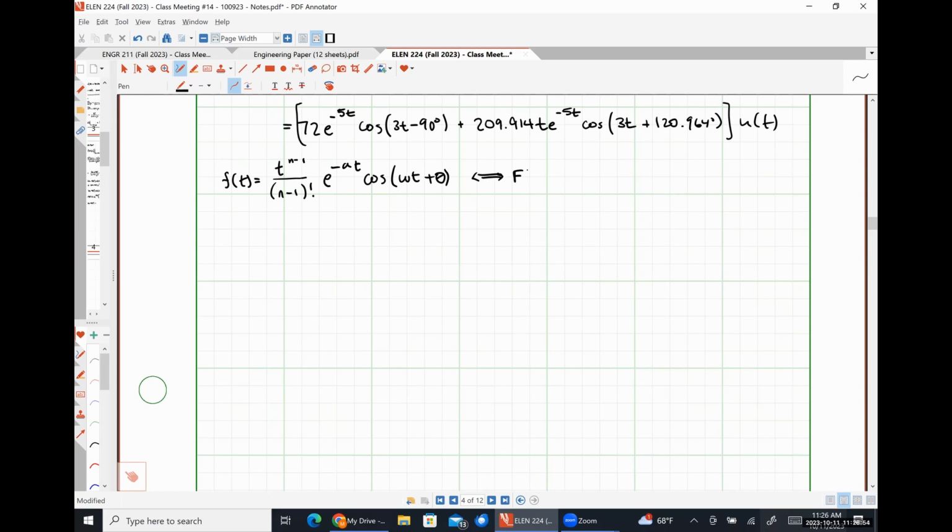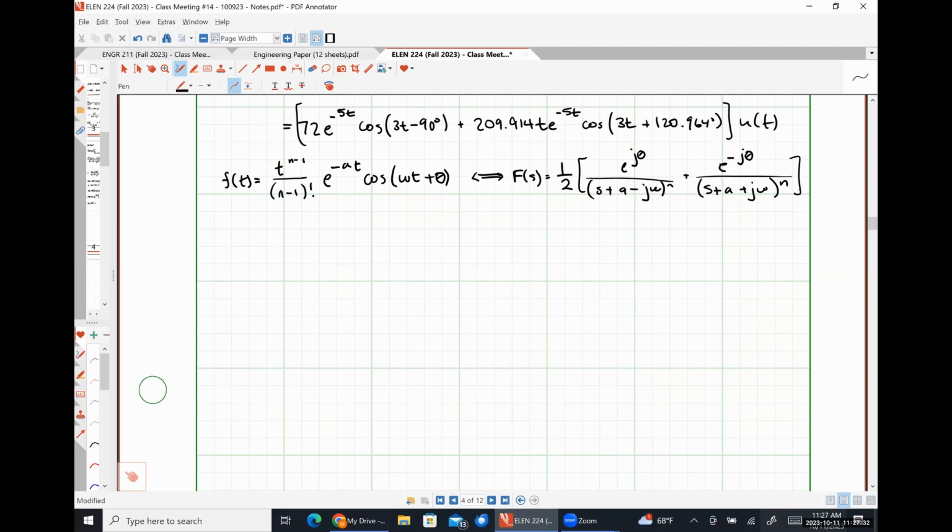The Laplace transform is F of s equal to 1/2 times e to the j theta over s plus a minus j omega to the nth power plus e to the negative j theta over s plus a plus j omega to the nth power.